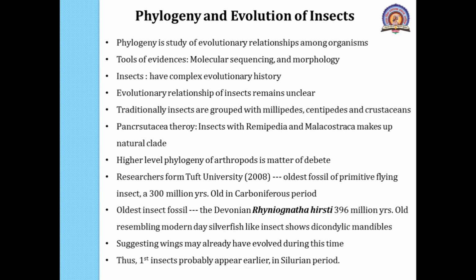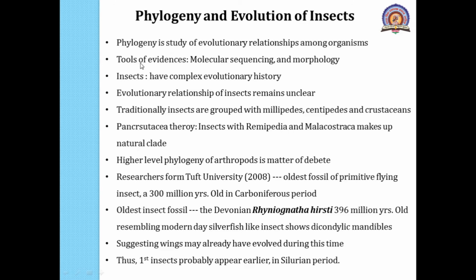Then, phylogeny of insects. Now, phylogeny is the study of evolutionary relationships among groups of organisms, which is discovered through evidence such as molecular sequencing and morphology. So these are the usual tools used for studying phylogeny.